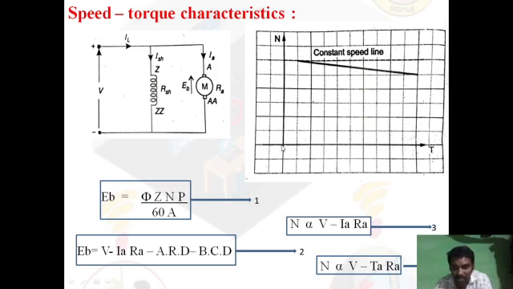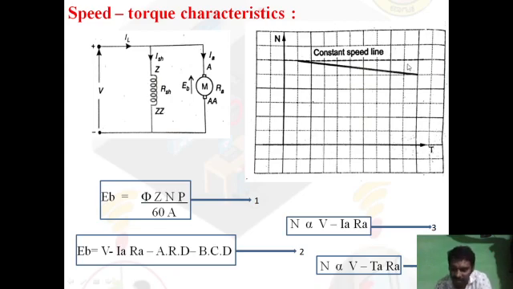As the motor is loaded gradually, the armature current increases. As the armature current is directly proportional to torque, the armature torque increases. As torque increases, the speed of the motor gradually decreases. Here also the change in speed is very small because the IaRa drop is very small.